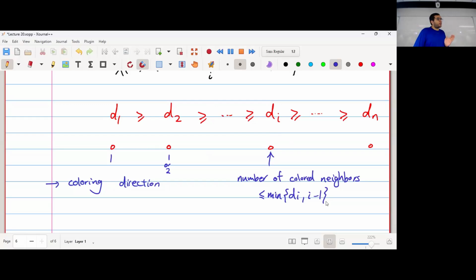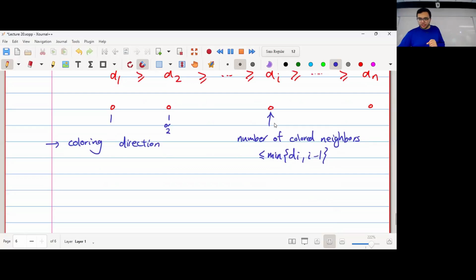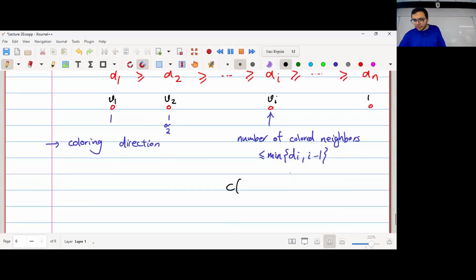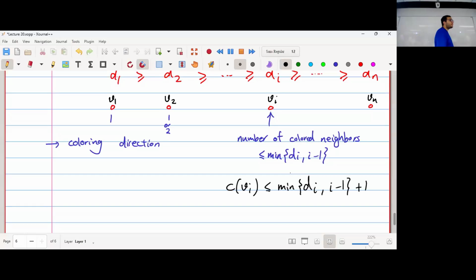Okay, so the color that I'm going to assign to this vertex is going to be this number plus 1 or something smaller, right? Let's give these vertices some names. Let's say this is vertex v_1, this is vertex v_2, this is vertex v_i. So the color assigned to v_i is going to be less than or equal to the minimum of d_i and i minus 1, plus 1, right?